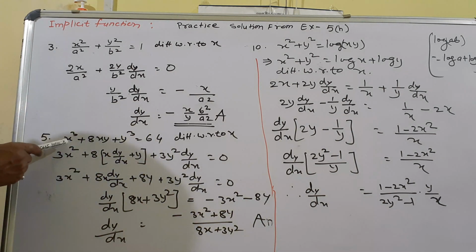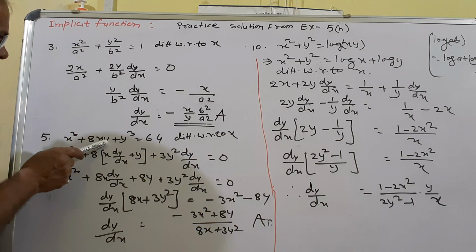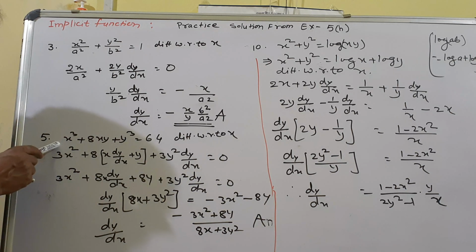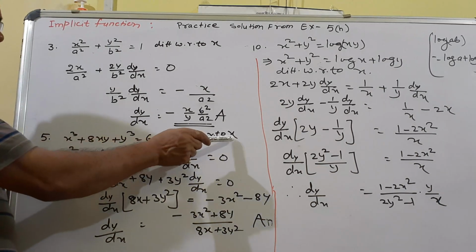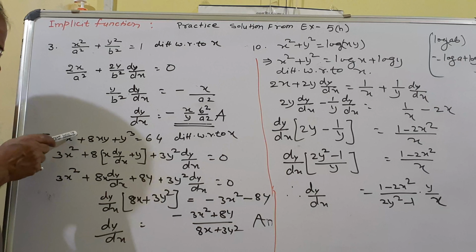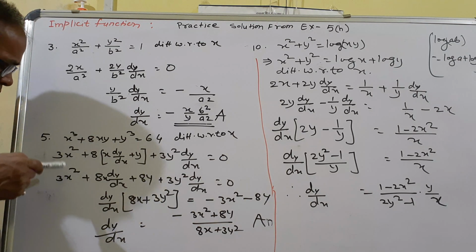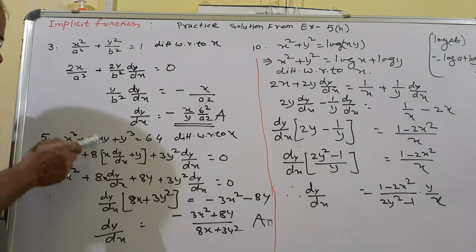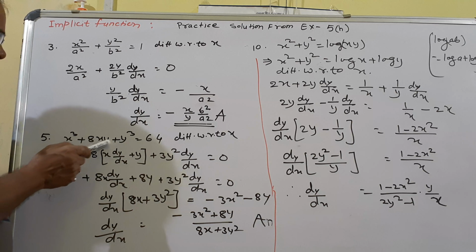Question number 5 is very important. x cube plus 8xy plus y cube is equal to 64. Find dy by dx. Here also we will differentiate with respect to x. The derivative of x cube is 3x squared, plus 8 times xy.